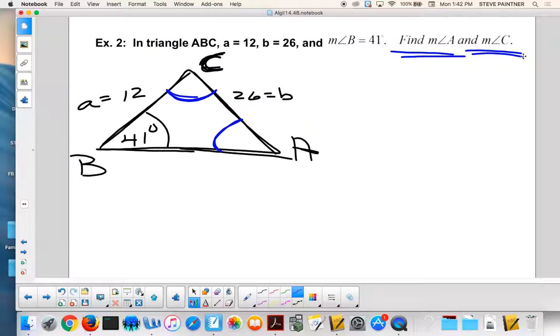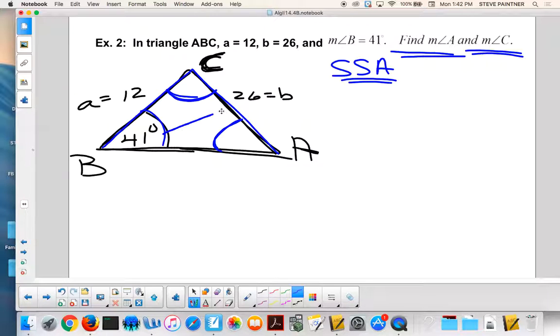Hey, did they give you side, side, side? Or sorry, I said that wrong. Did they give you side, side, angle? Yeah, look. Side, side, angle. They gave you SSA. This is the situation where you go, oh, there could be 2, there could be 1, there could be none.